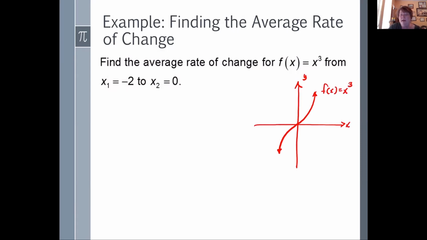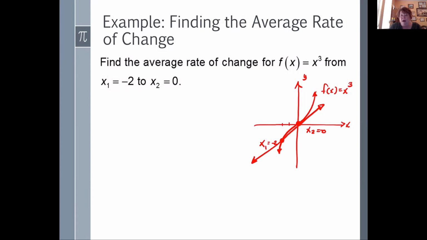And so what we're wanting to find is the slope of the line that connects x equals -2 to x equals 0. So there's x equals 0. That would be x is equal to -2. And we want to find the slope of the line that connects those 2 points, the slope of the secant line.